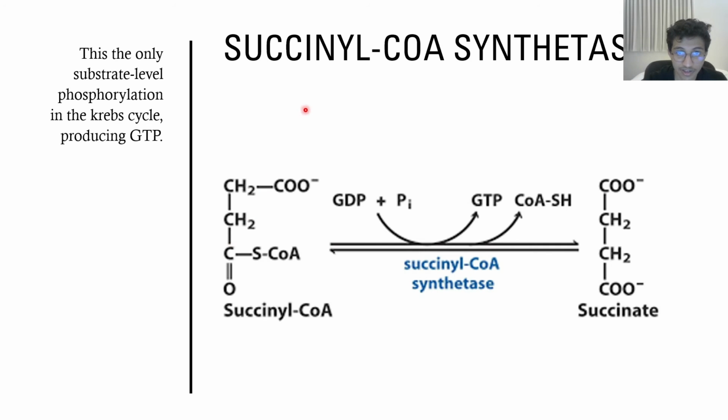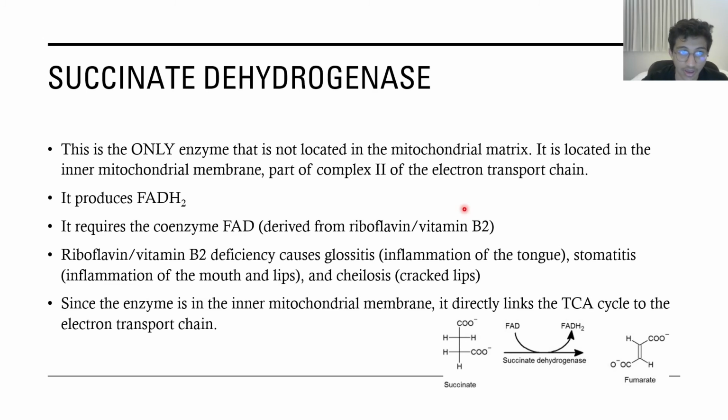Now for the next enzyme, it's succinyl-CoA synthetase. This is the only substrate level phosphorylation in the Krebs cycle, and it produces GTP. We add an inorganic phosphate group to produce GTP, guanosine triphosphate. And for the fourth enzyme, it's succinate dehydrogenase.